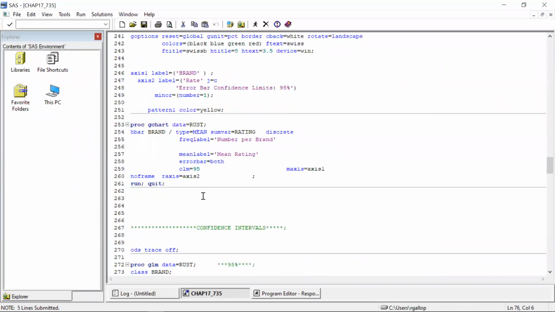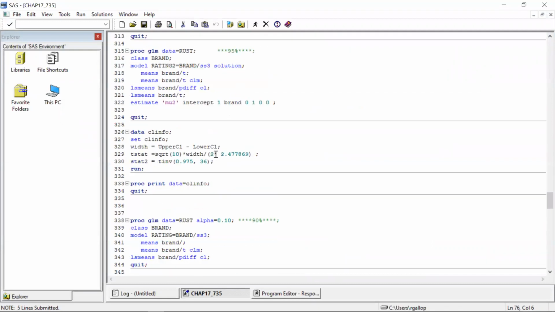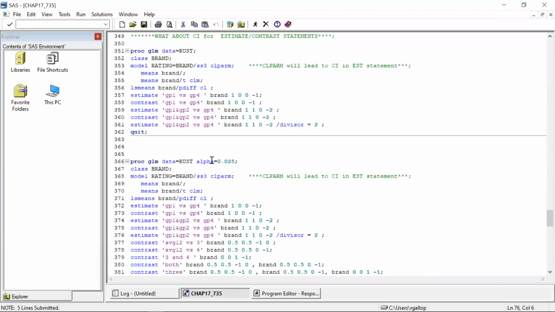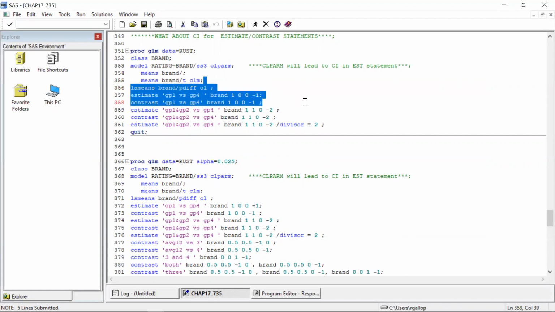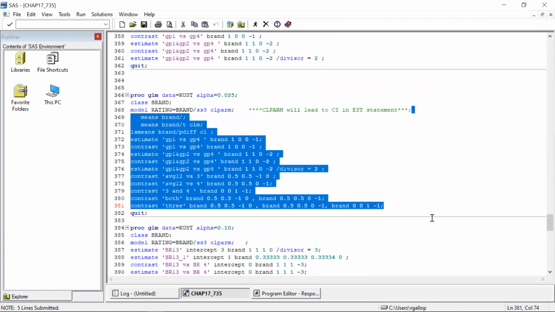We did all the plots the last time. We got the confidence intervals. We had a lot of issues with the confidence intervals last time. And this is showing some of the contrasts. So again, you guys look later on at some of the contrasts that we mimicked with the lecture.